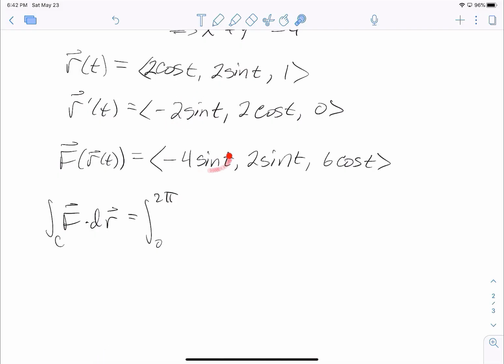So 8 sine squared of t plus 4 sine t cosine t plus 0 dt.